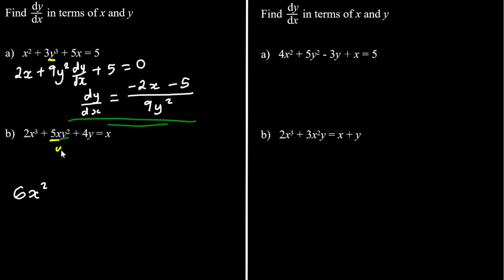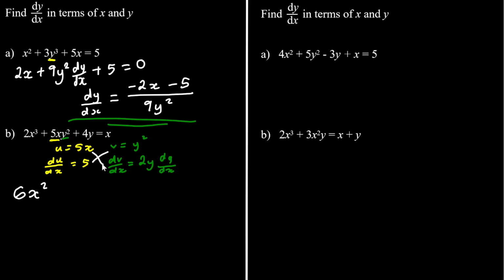So we're going to say u is 5x, v is y squared, which means du dx is 5, and dv dx, so differentiate it normally, 2y, but then multiplied by dy dx, so 2y dy dx.